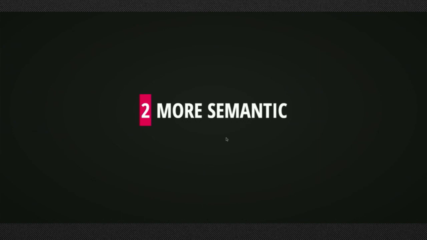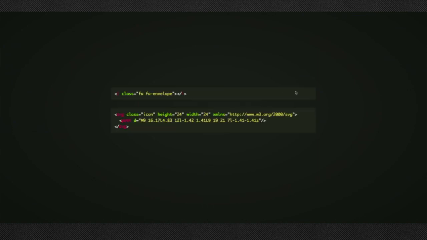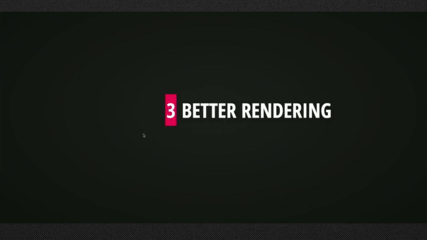They're also more semantic. If this is something you care about, it's hard to argue with the fact that an I or a span has no semantic meaning and is kind of a hack, a brilliant hack at that, but it's still a hack and the browser treats it as such. And an SVG is a scalable vector graphic. It provides you more information, and that's what they were designed for.